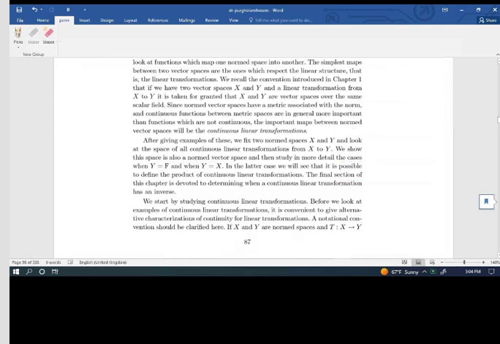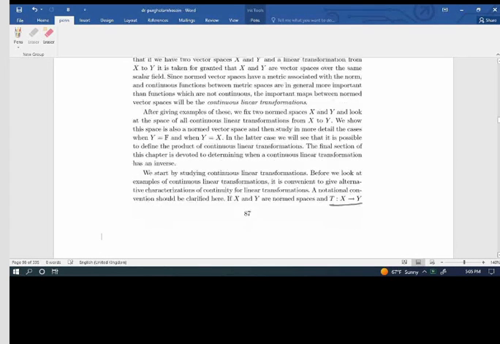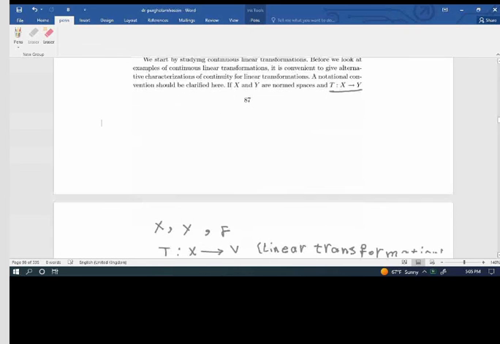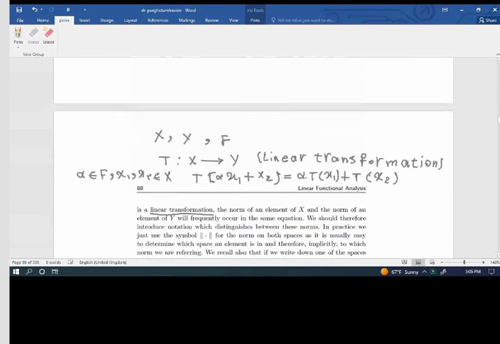Okay, let T be a function from X to Y when X and Y are two normed spaces.